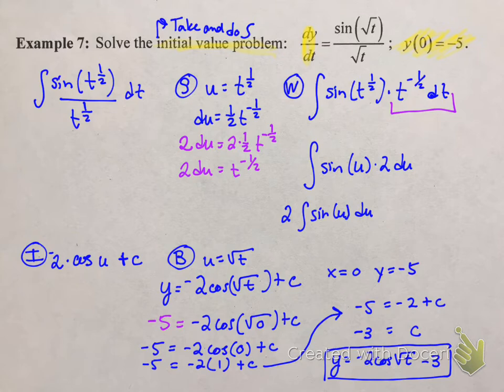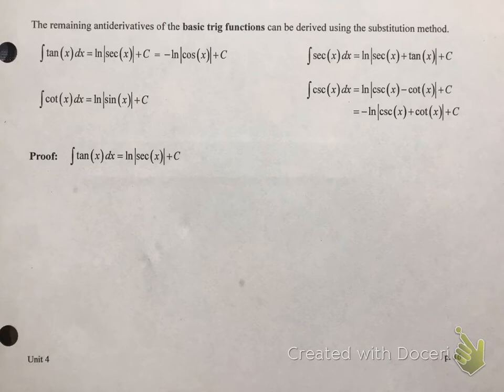Okay, we have one more problem. The remaining antiderivatives of the basic trig functions can be derived using substitution methods. For instance, the integration of tangent x dx equals the natural log of the absolute value of secant x plus c, which also equals negative the natural log of the absolute value of cosine x plus c. The integration of cotangent x dx is equivalent to the natural log of the absolute value of sine x plus c.